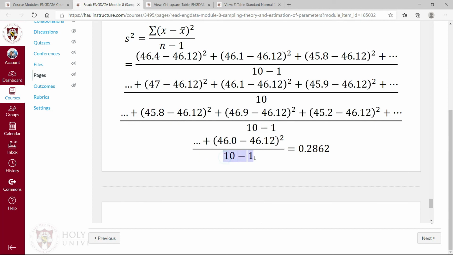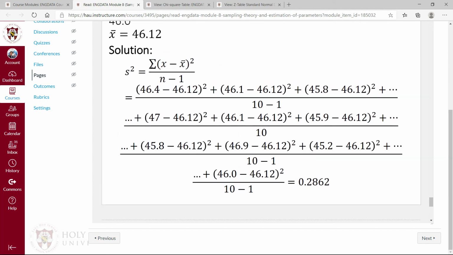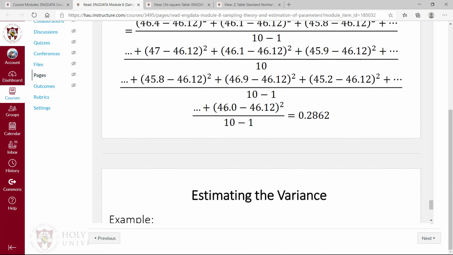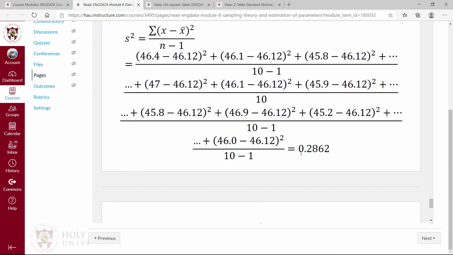So when you sum all these numerators up, they will be divided by 10 minus 1, a single denominator, which is 9. And then you have a variance of 0.2862.